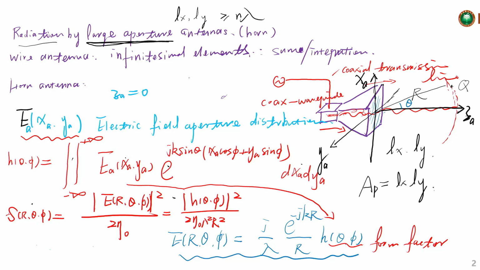And now we want to take two kinds of typical antennas as examples to show how to calculate the electric field and the power density. Firstly, let's take the rectangular aperture as an example.